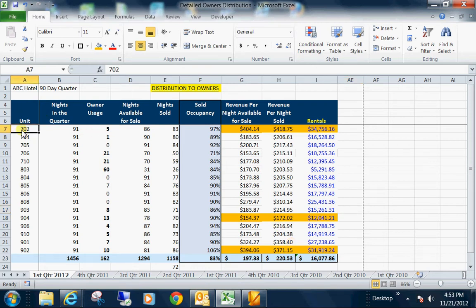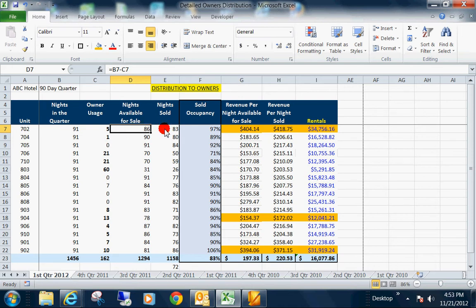This condo hotel pays their owners on a quarterly basis, so there are 91 room nights available for sale each quarter. This particular unit, 702, the owner stayed for 5 nights, and so the number of rooms available to be sold was 86.